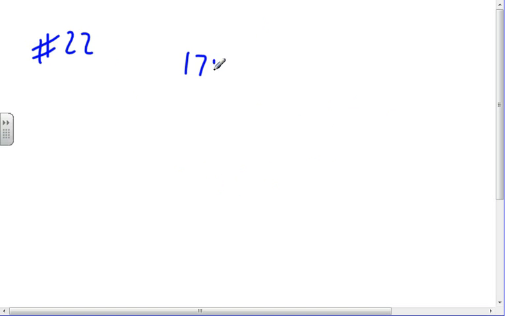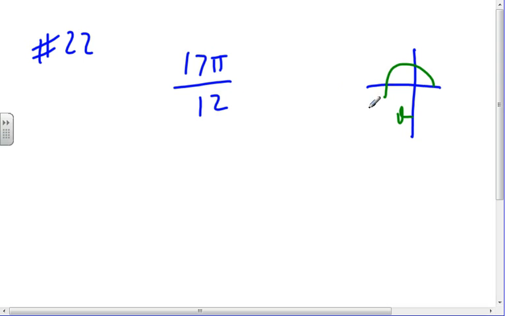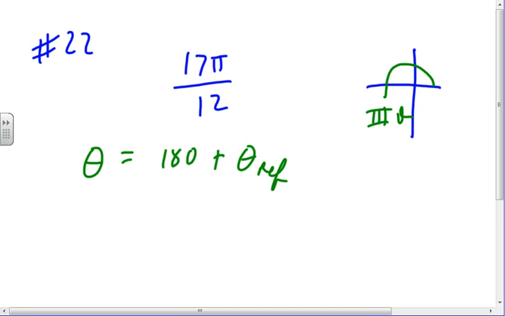We've got 17 pi over 12, and we want to find the reference angle in degrees. Okay, so 17 pi over 12, that's bigger than pi but less than 2 pi, and it's less than 3/2 pi, because that'd be 18 over 12, right? So this is a third quadrant angle. In the third quadrant, my angle is equal to 180 plus the reference angle. But I want to do the problem in radians.